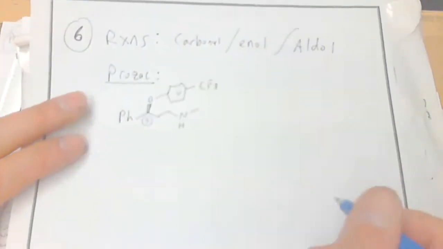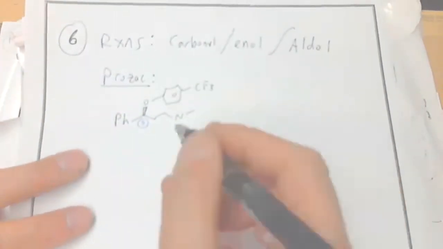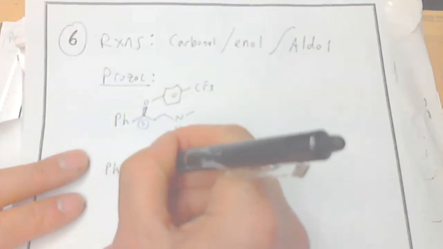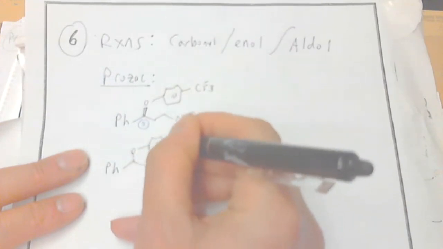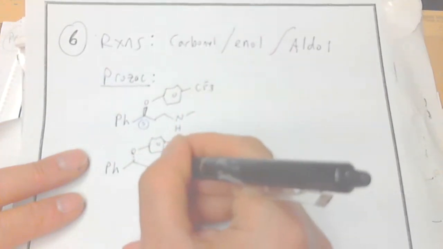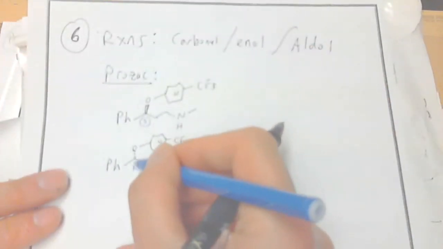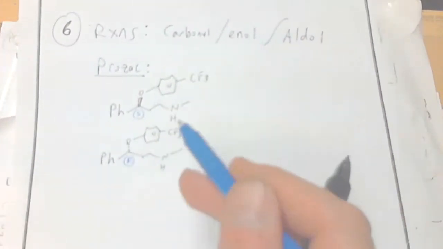That's the S one, which we can create enantioselectively. There's also the R one.